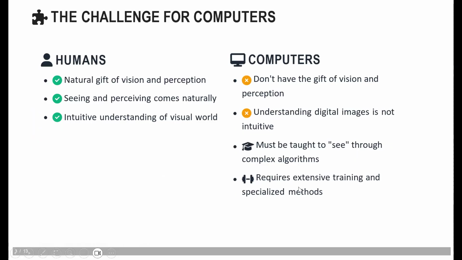It requires extensive training and specialized methods. Therefore, from time to time, we have advances, different techniques and different methods. Now we have accelerated much of the work, and we can label the different objects, and our results are far better than before. Challenges have already been overcome.